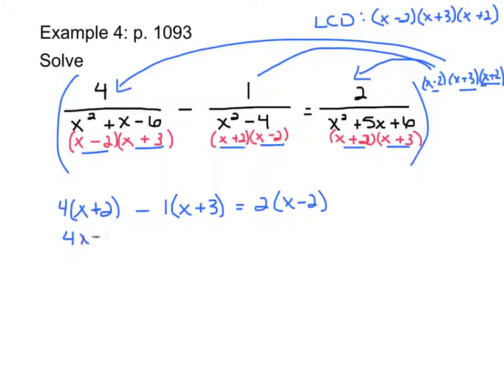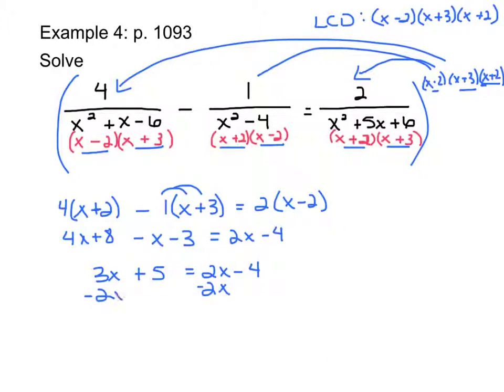So 4x plus 8. Make sure we distribute that negative, so negative 1x minus 3 equals 2x minus 4. 3x plus 5 equals 2x minus 4. So I get x equals negative 9.